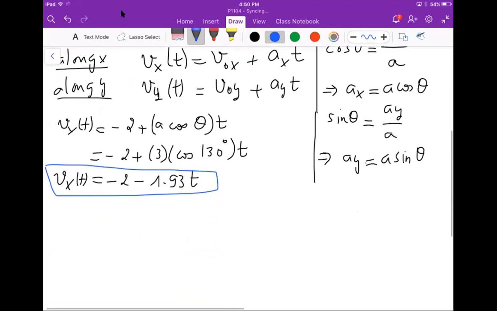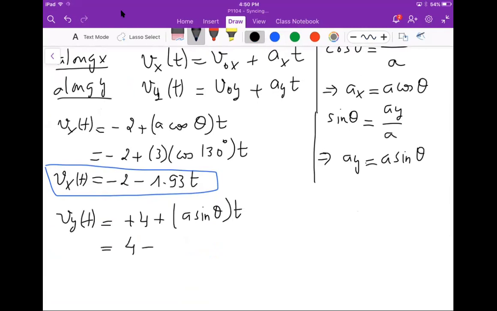Now we have to do the same for the Vy. So let's do it. Vy as a function of time is given by V0y, which is plus 4, plus Ay, which is A sine theta, multiplied by the time. So it's equal to 4 plus 3 multiplied by sine 130 degrees multiplied by the time t.